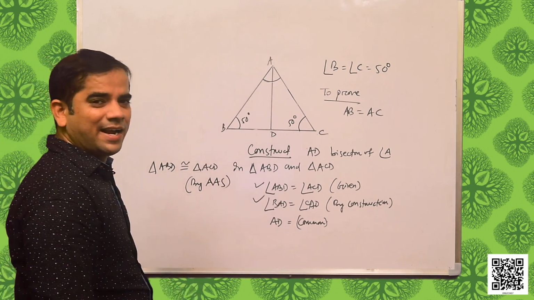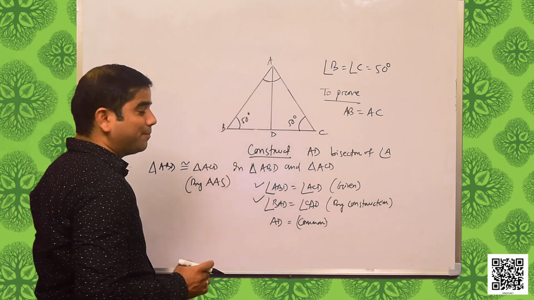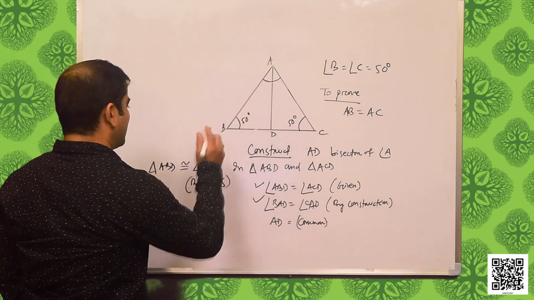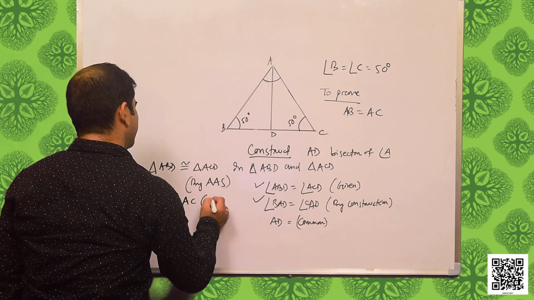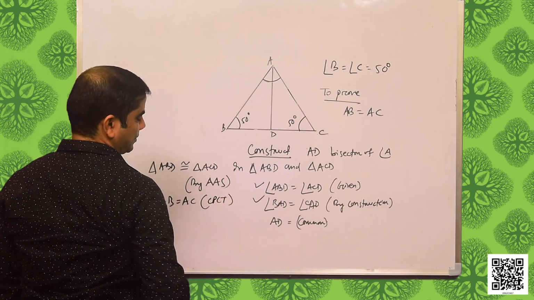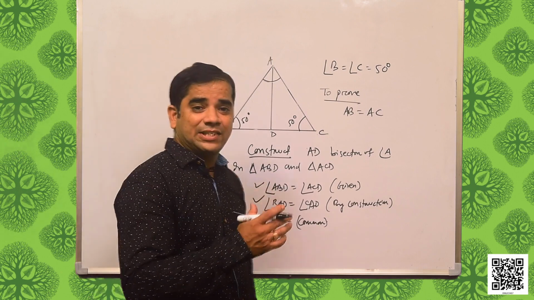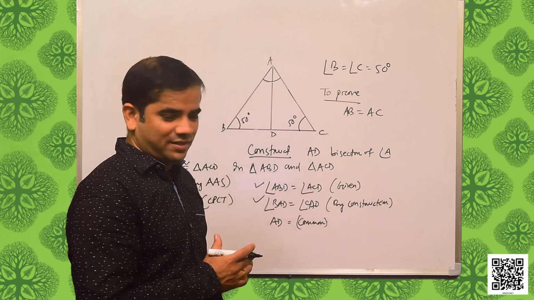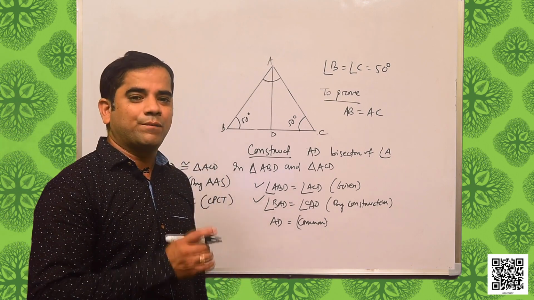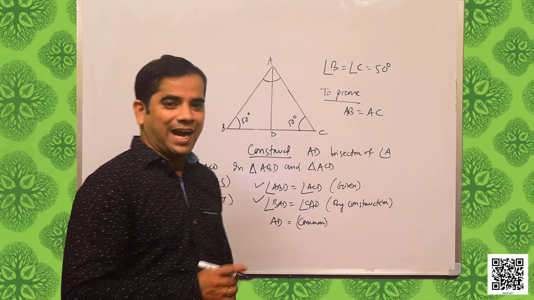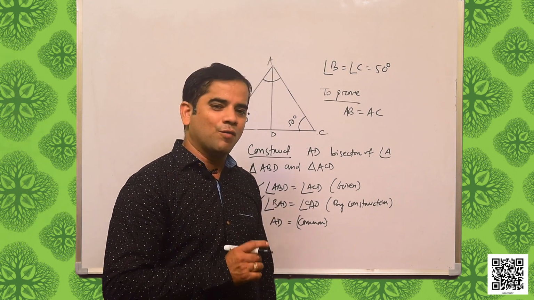So, as these two triangles are congruent to each other, now I can write that AB is equal to AC, by CPCT. So it is proved that the opposite sides of the equal angles of any isosceles triangle are also equal to each other. So we have come to the conclusion that the converse of the theorem holds true. Hope you have understood.